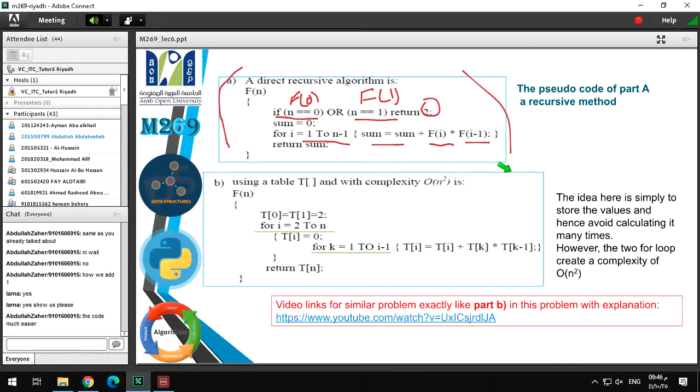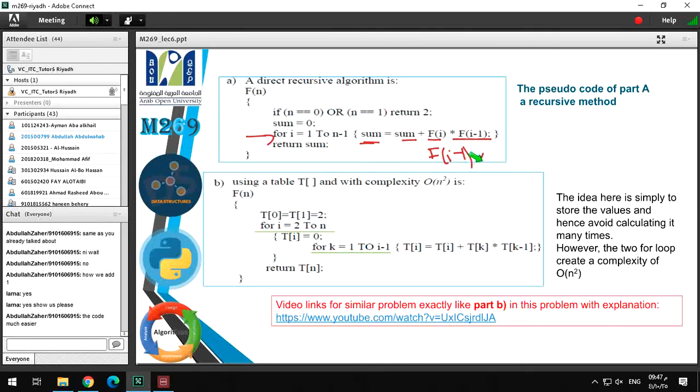See, here is what you can see in this example. Let me explain it. In this code, in the for loop, sum equals f(i) multiplied by f(n minus i). So this is to find the first sum. Now in the second round, what will happen? It will be f(i minus 1) multiplied by f(i minus 2).